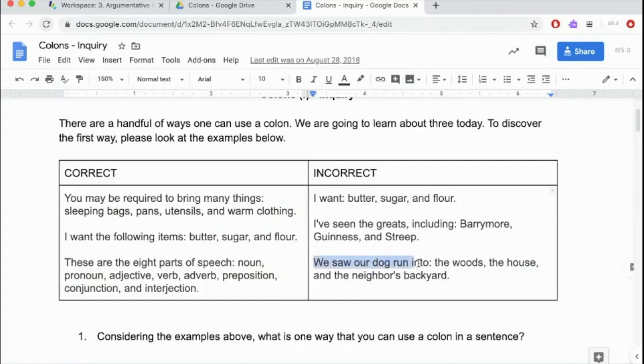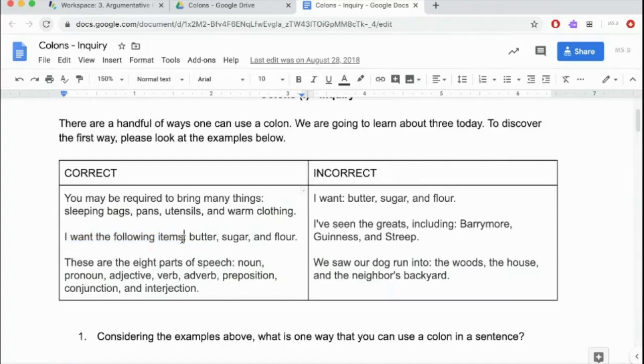We saw our dog run into. Well, that's not a sentence. That's a fragment. These are the 8 parts of speech. That is a sentence. I've seen the greats, including. That's not a sentence. I want the following items. That is a sentence.